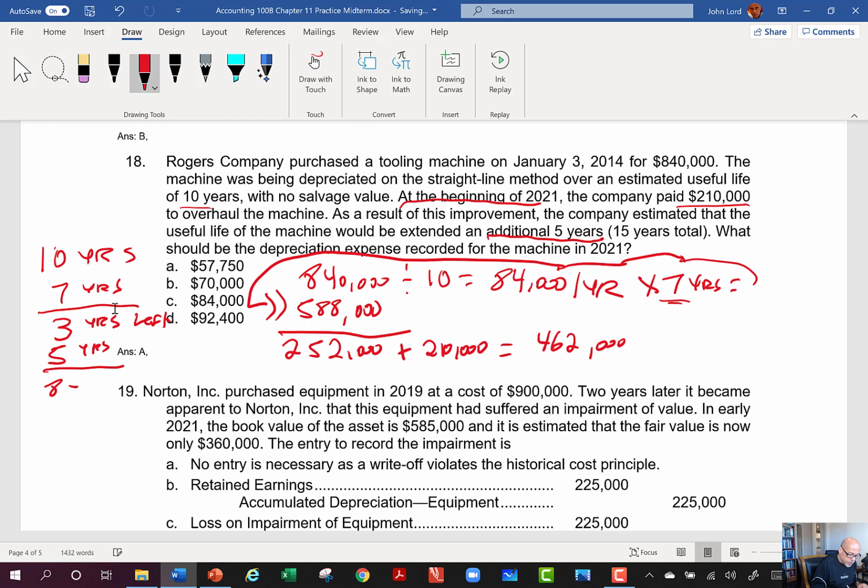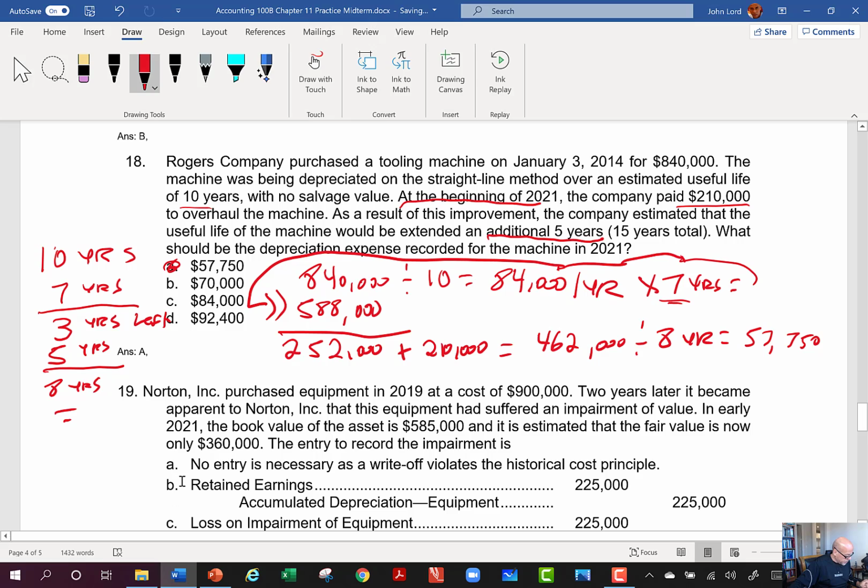So that means that machine should have 8 years left on its life. So I take that 462, I divide that by the 8 years that are remaining, and that should give me then this answer of 57,750. Okay?